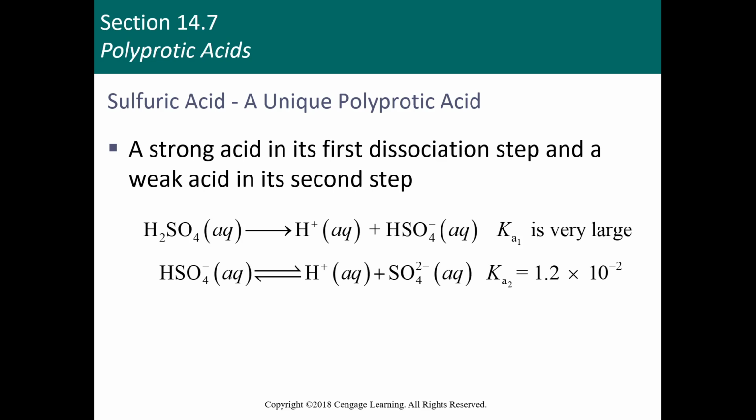So it's going to be a strong acid in the first dissociation step right here. And that means the Ka is essentially infinite. It completely dissociates. So we have a one-sided arrow here. The second step is a weak acid right here. But it's actually a fairly strong weak acid as weak acids go. I mean, it's not a strong acid, but it is a stronger weak acid.